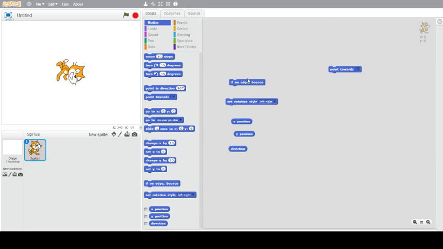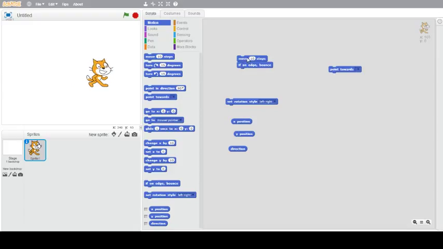Then there's if on edge, bounce. Let's say I want to keep moving, but in some games the sprite will tend to go off the stage by accident if something goes wrong. Generally Scratch will prevent this, but this will always help.